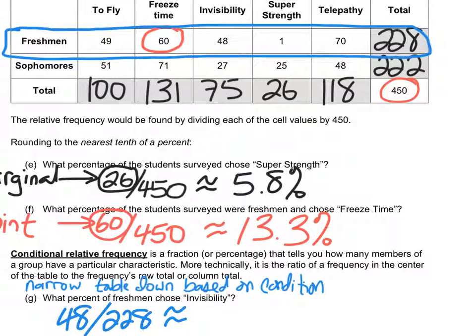So 48 out of 228. Multiply that by 100. We're still going to the nearest tenth. Well, it's not even an assumption; those are the directions. So 21.1%. Nope, you're off. It's 20. You said 21%.